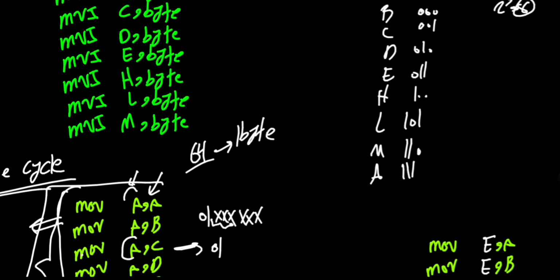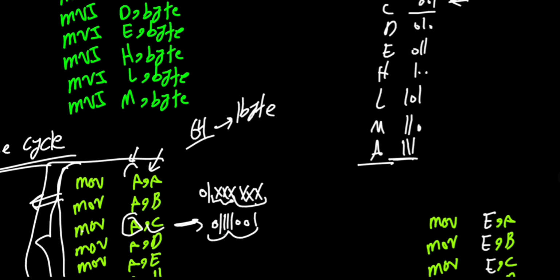The destination is A, right? So we look here, we say A, the 3 bits assigned for it is 1, 1, 1. So I just write 1, 1, 1. Then we get to the next 3 bits, which would be the source. Right now, source is C. Again, by looking at the C, C is 0, 0, 1. So this would be 0, 0, 1. If I separate them by 4 to understand the equivalent hexadecimal, this would be 7, and this would be 8 plus 1 would be 9.